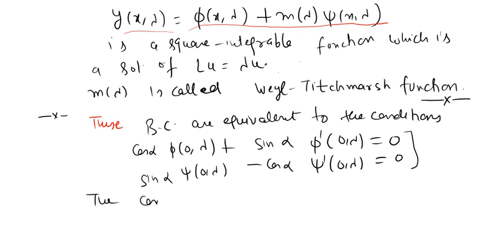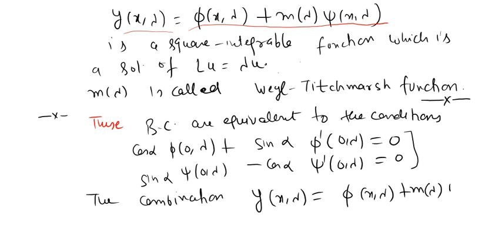So the combination denoted by y, so y x lambda equal to phi x lambda plus Weyl-Titchmarsh function m lambda times psi x lambda, solves the problem LU equal to lambda U. So our aim is to find this Weyl-Titchmarsh function m lambda, so we construct this function while proving this theorem.